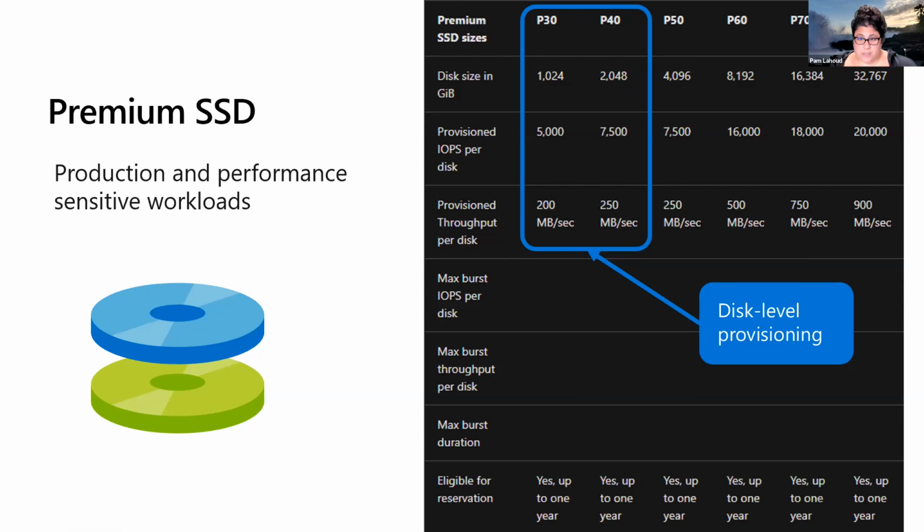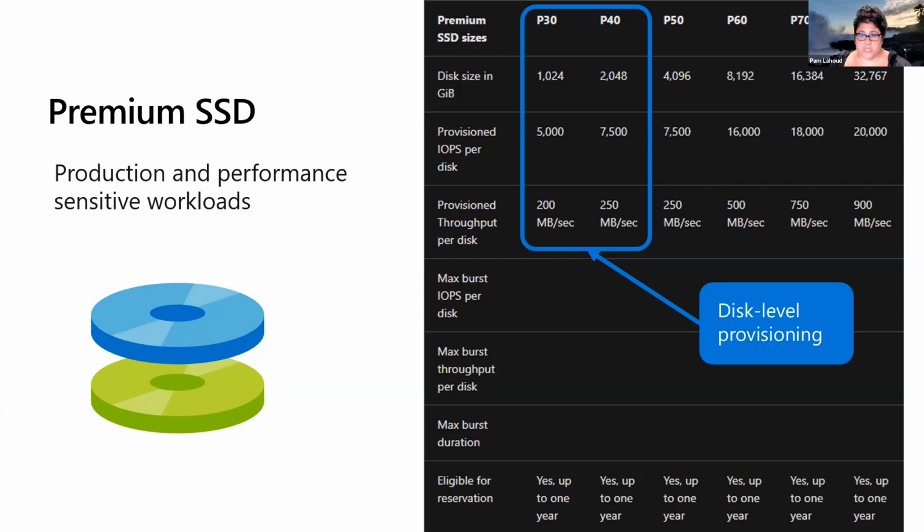So this is your disk level provisioning. This is how much the disk itself is capable of. In the case of premium SSD, the size is connected to the IOPS and throughput. If you want more IOPS and throughput, you have to increase the capacity of the drive. And so this is where the pooling comes in, because if you want to increase IOPS, but you don't necessarily need that much capacity, then creating a storage pool allows you to do that, and also allows you to leverage read caching, which we find is very important for SQL workloads.